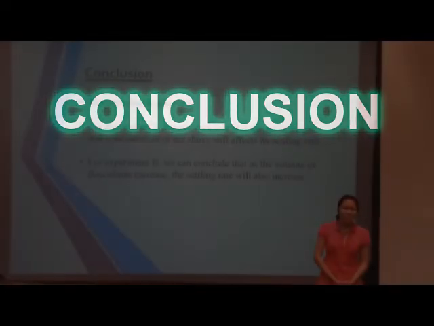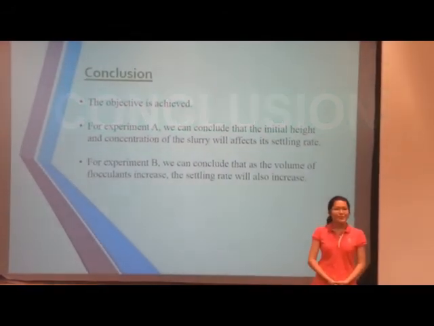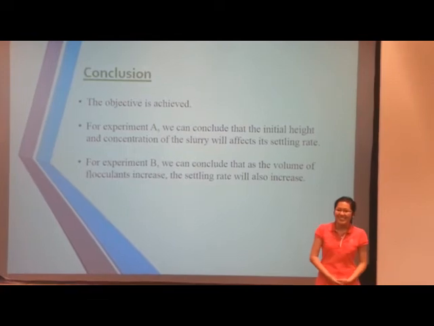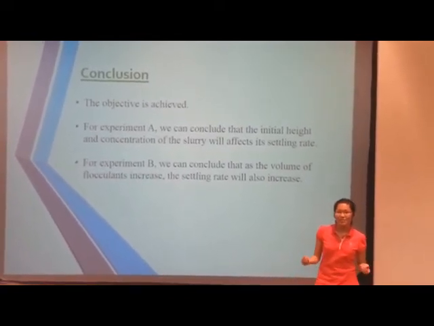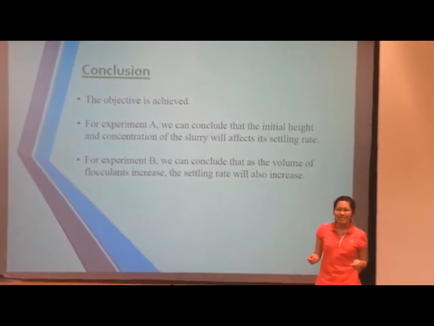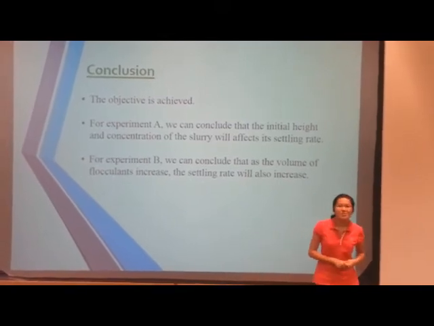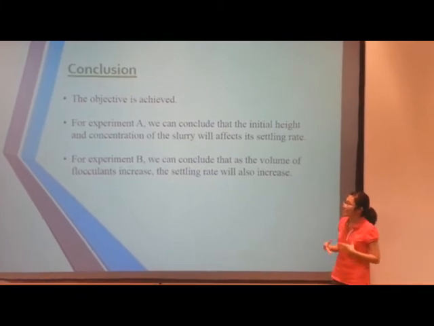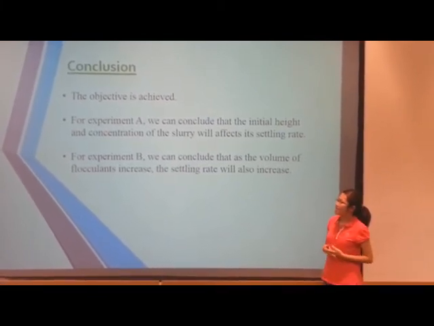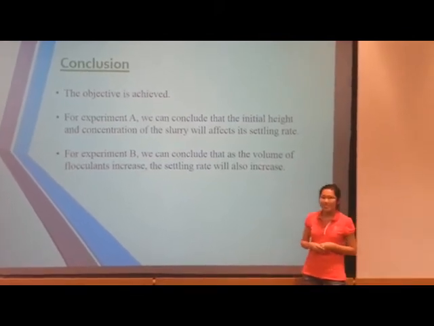Okay, in conclusion, we can know that the sedimentation process is the process of separation of the slurry solution into clear fluid and solid particles through gravity settling. And the objective of this experiment is achieved. For experiment A, we can conclude that the initial height and the concentration of the solid particles solution will affect the settling rate.